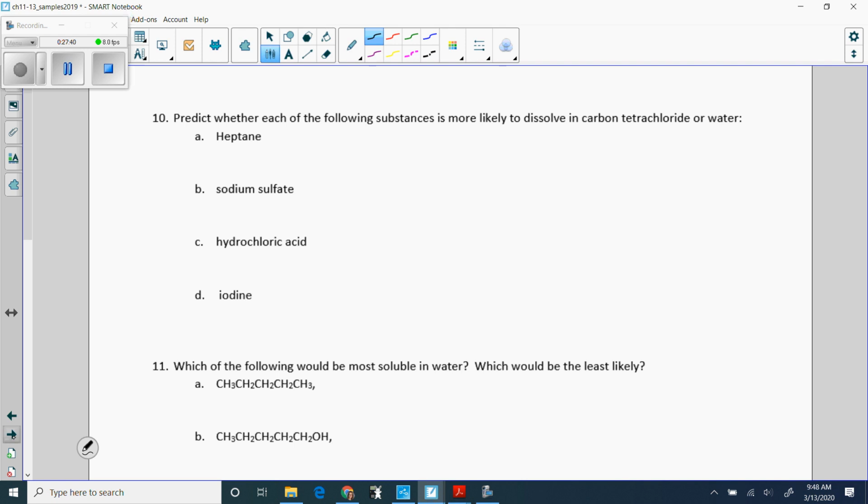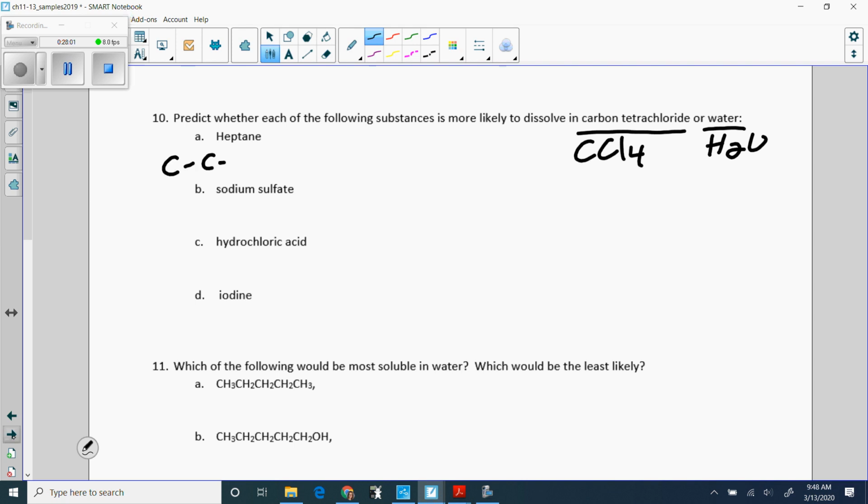Predict whether the substance is more likely to dissolve in carbon tetrachloride or water. It's like I gave you those options. Water is only going to dissolve other polar things. That means they have a dipole. Carbon tetrachloride is only going to dissolve things that don't have a dipole.